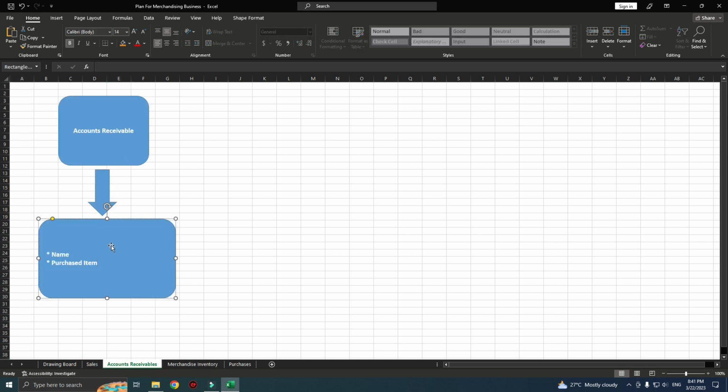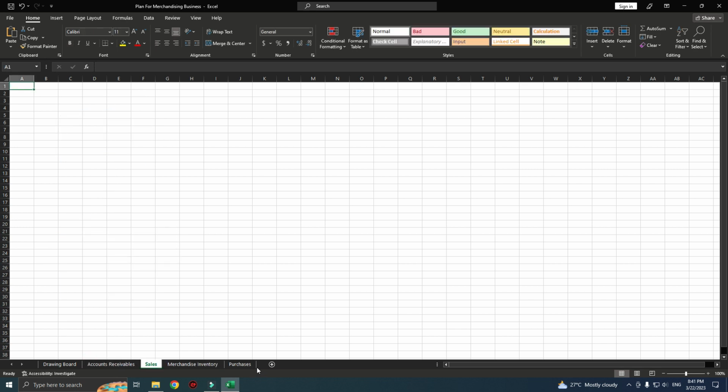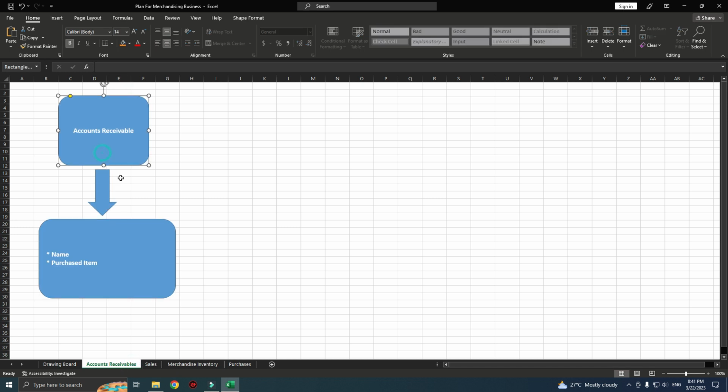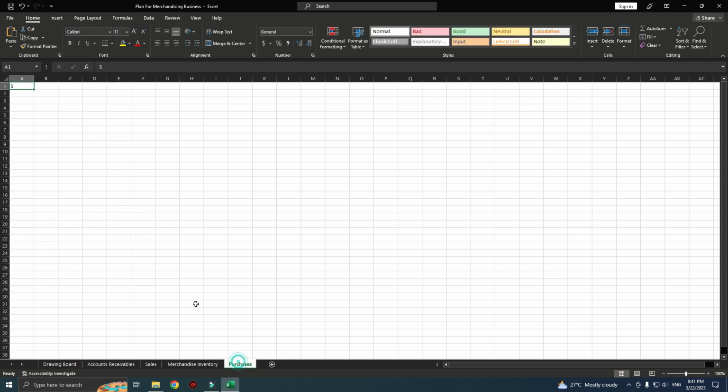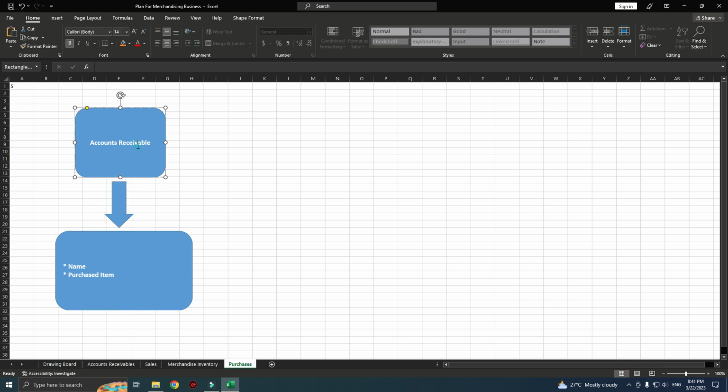So we have here an accounts receivable. It really doesn't matter much, but we do need the name. But let's start with the purchases. The purchases. Let's copy this drawing. We have purchases here.